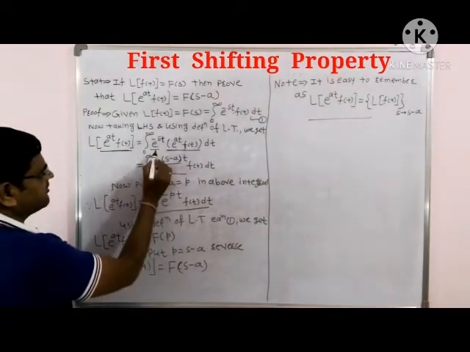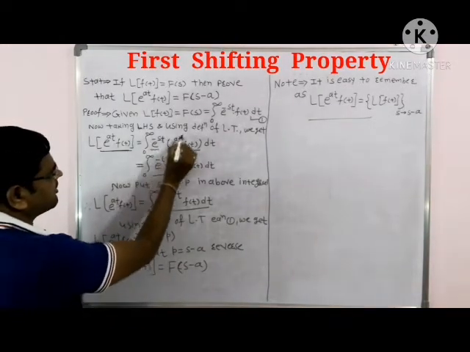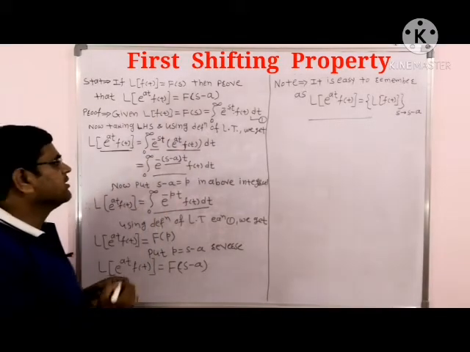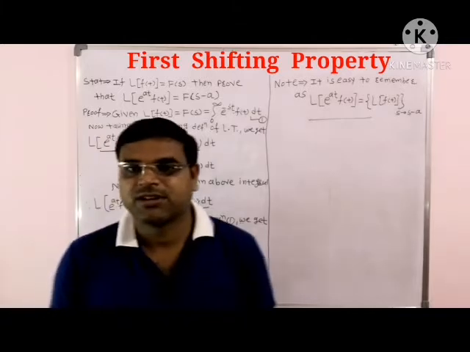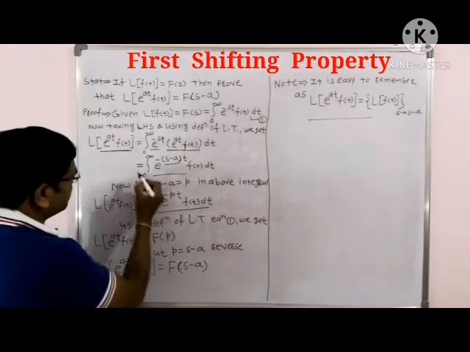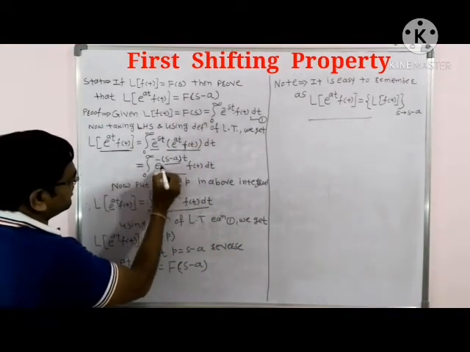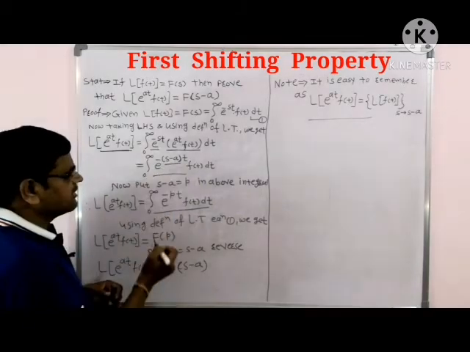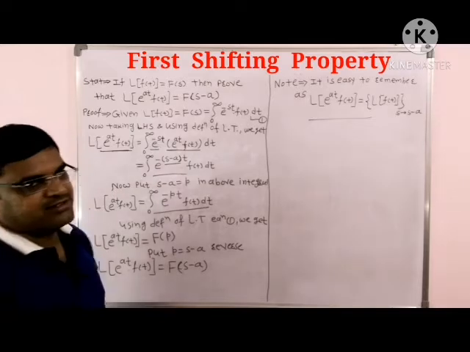Now if we observe e^(−st) e^(at), the base is the same, so taking −t as a common term, the integral from 0 to infinity of e^(−(s−a)t) f(t) dt.